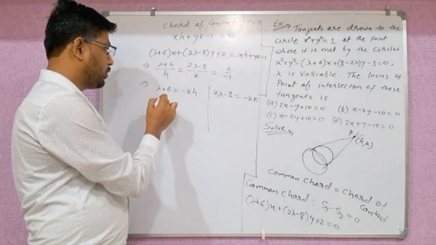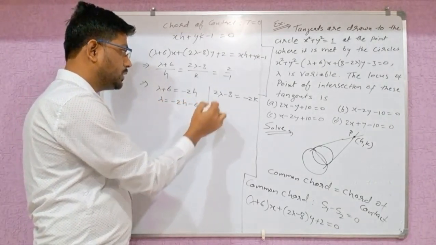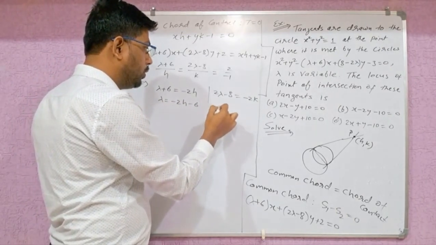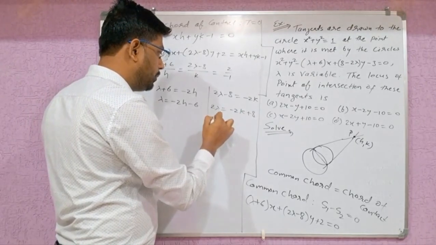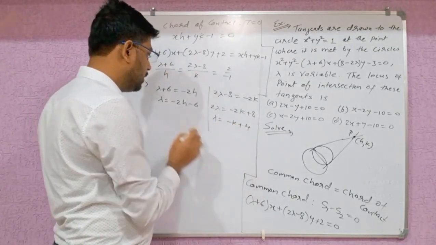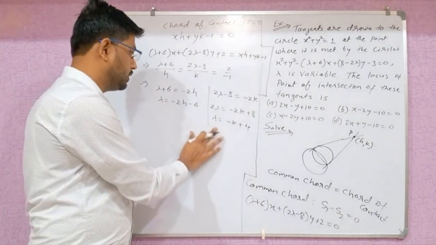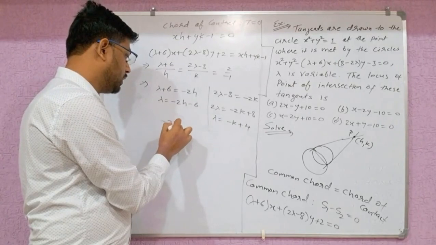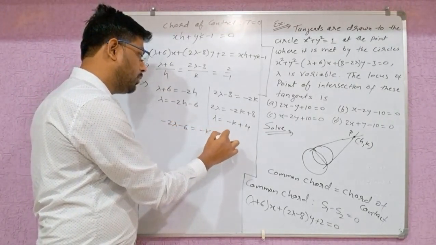So from here I'll get lambda is equal to minus 2h minus 6, and from here 2 lambda is equal to minus 2k plus 8, so lambda will be minus k plus 4. So from both of these I can compare the values of lambda: minus 2h minus 6 is equal to minus k plus 4.